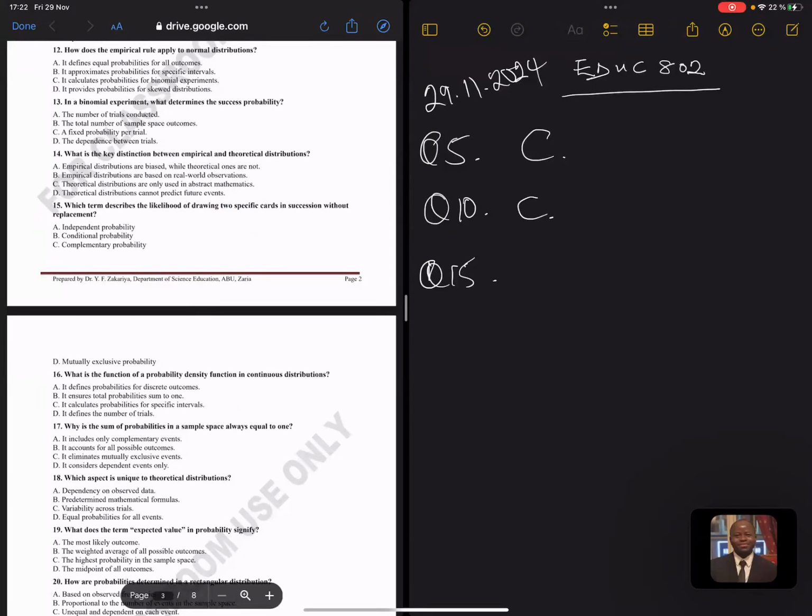A, independent probability. B, conditional probability. C, perceived probability. What is the answer to this?